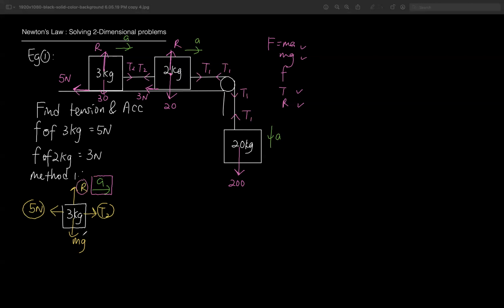So these two have to be balanced. No acceleration in the vertical, only horizontal acceleration, T2 bigger than 5 Newton. So I will write F equals ma: T2 minus 5 equals ma. Then I just put in the value: T2 minus 5 equals 3a. That becomes my equation 1. I have two unknowns, the tension and the acceleration.